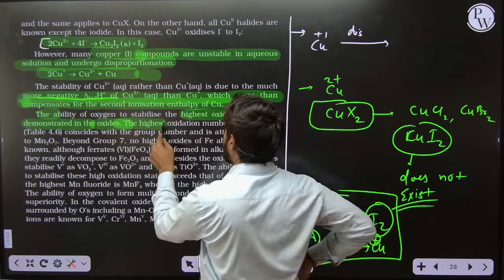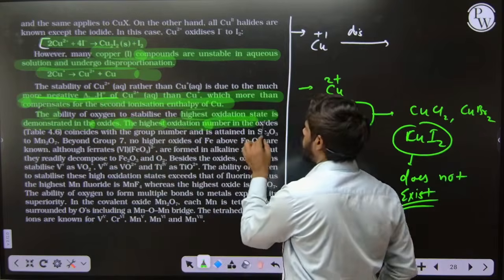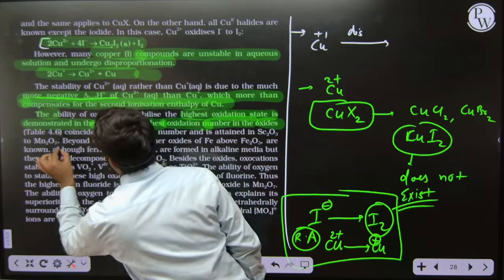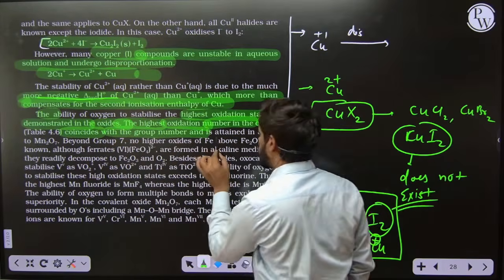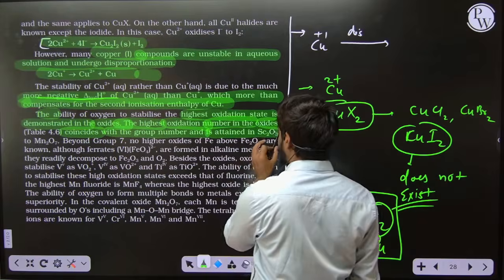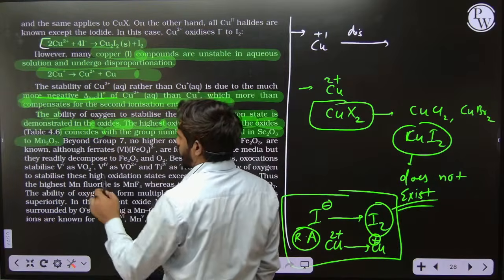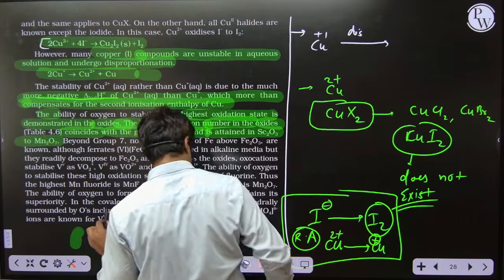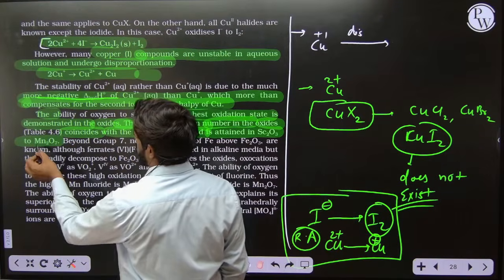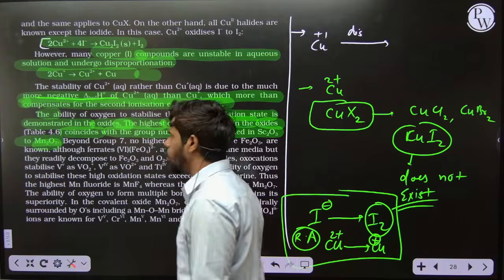The highest oxidation number in the oxides coincides with the group number, and is attained in manganese, which exists as Mn2O7.